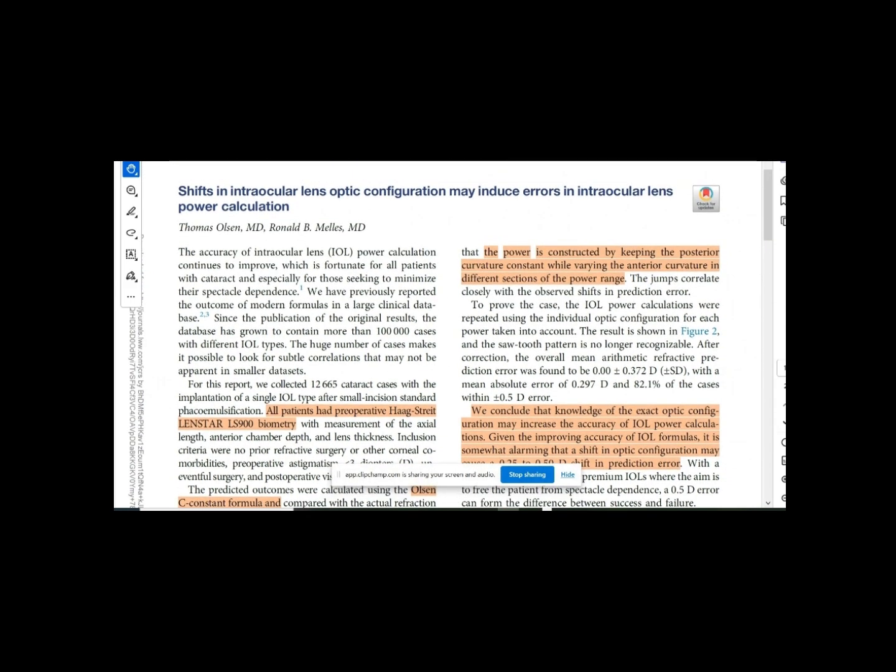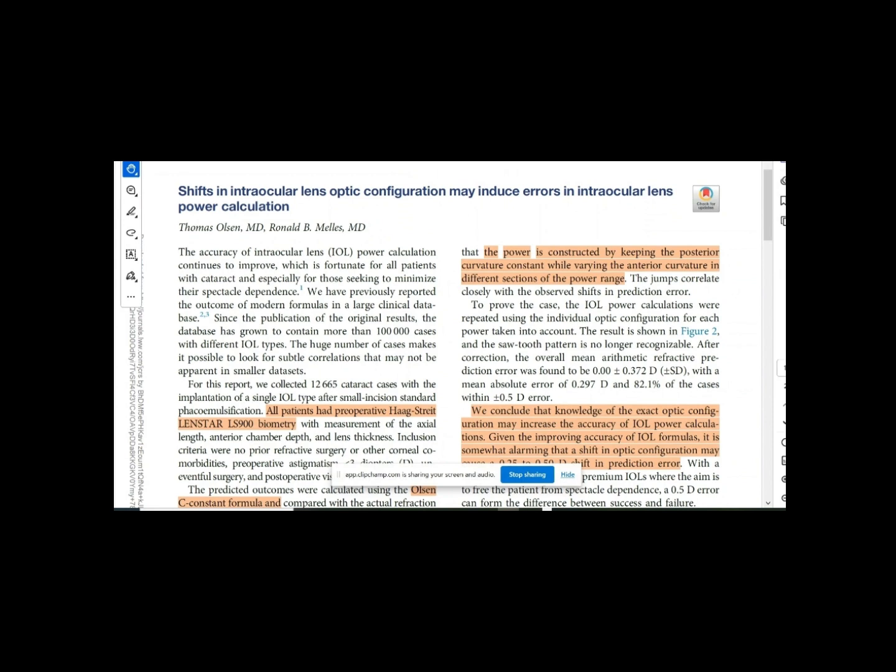As long as we don't get this fixed, it is a little difficult to get great results with premium IOLs, for very low diopter IOLs or very high diopter IOLs, especially very high diopter IOLs. And remember, in short eyes, very short axial length patients, it's a little difficult to give great results, right?